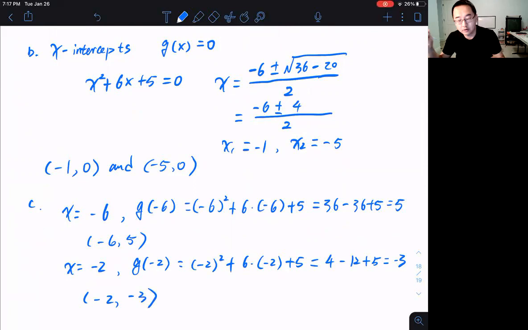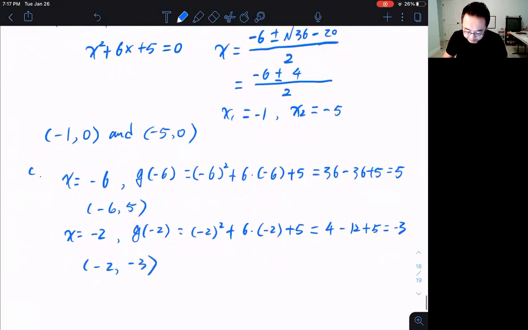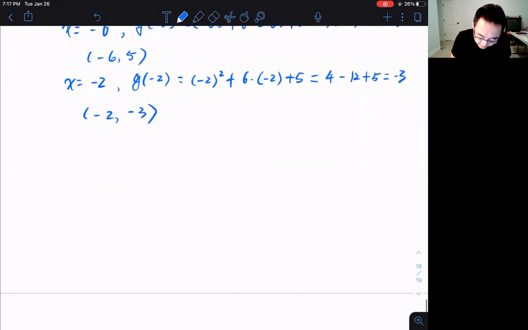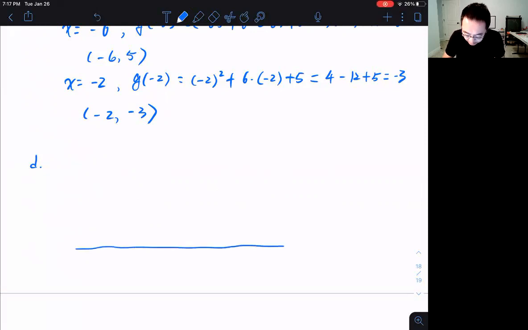Sometimes it's good to verify these values by looking at them. Finally, let's draw a quick graph and see what your parabola looks like.